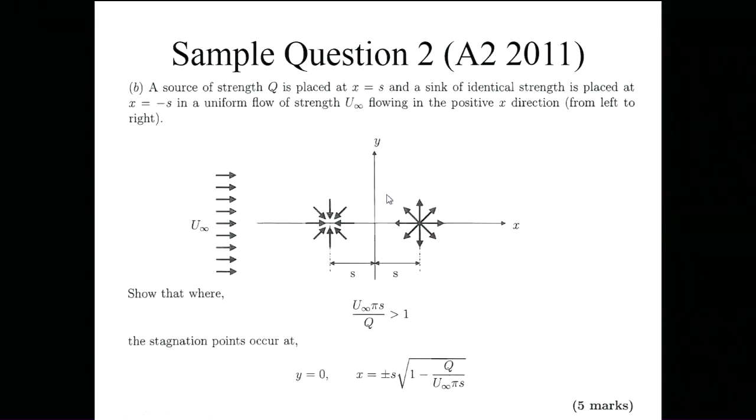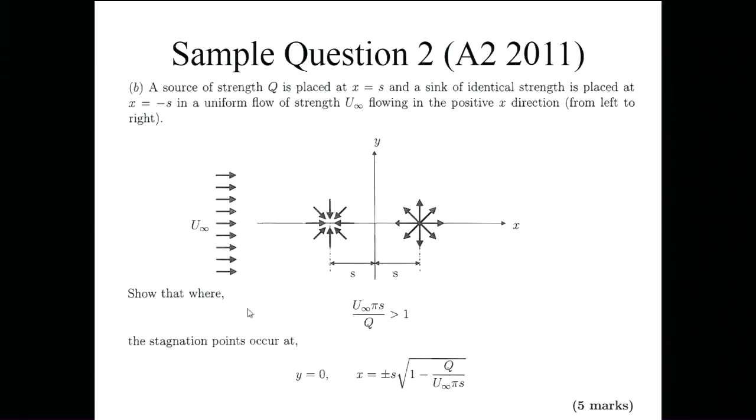So this is the case where we have to look at the relative strength of the uniform flow and the sink and source to determine where the stagnation points are. As the strength of the sink and source grows stronger and stronger, it might affect on which axis you can find the stagnation points. I'll show you what I mean through the derivation later on.